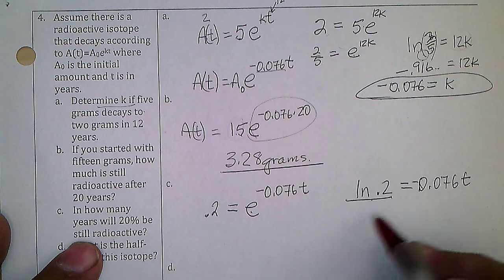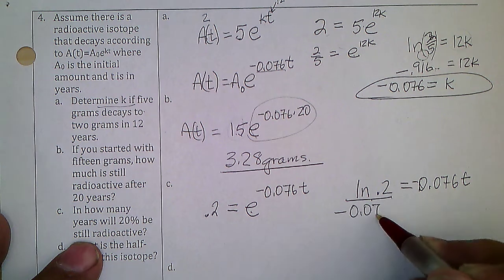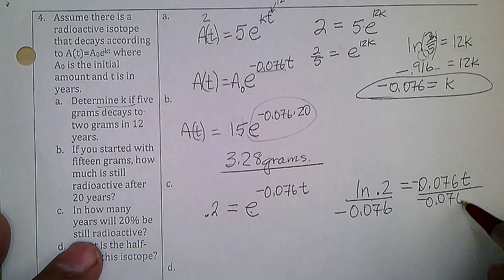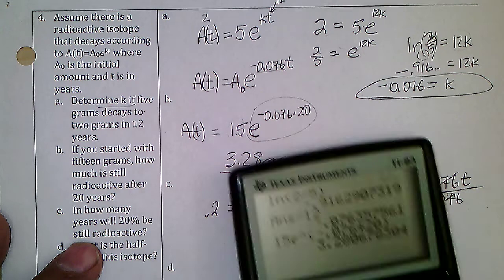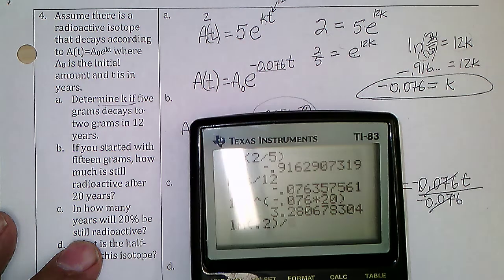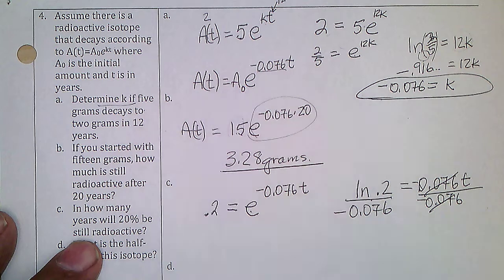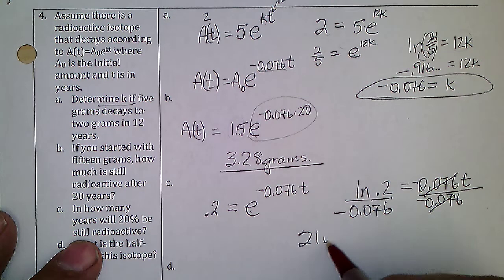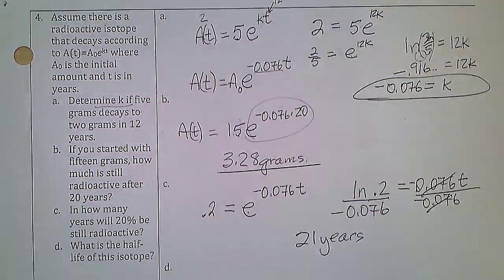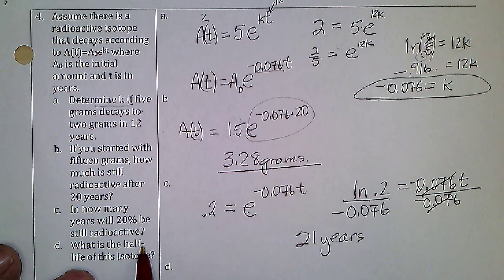So then I divide by negative 0.076, and these cancel, and I get t to be ln 0.2 divided by negative 0.076, and I get 21.1 years.